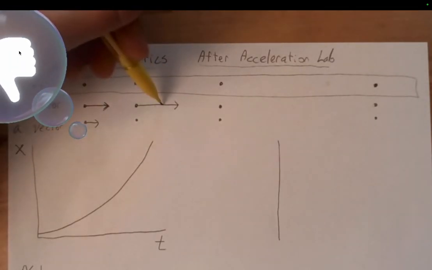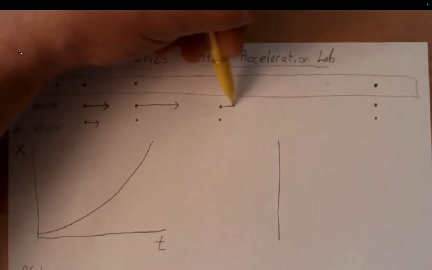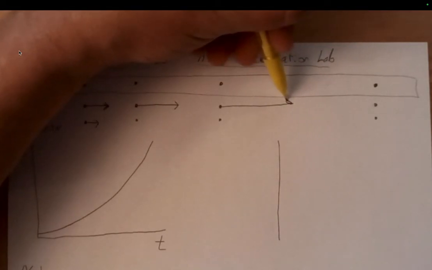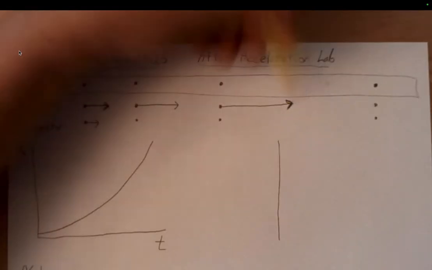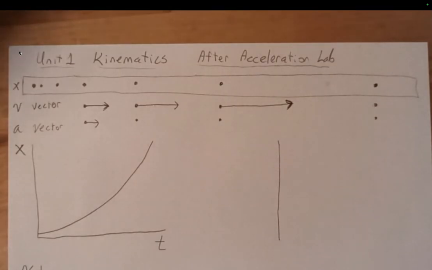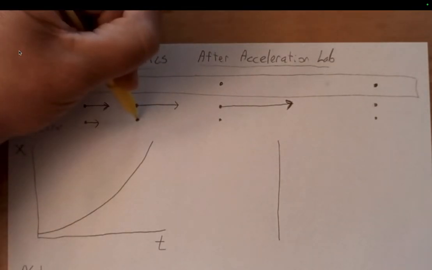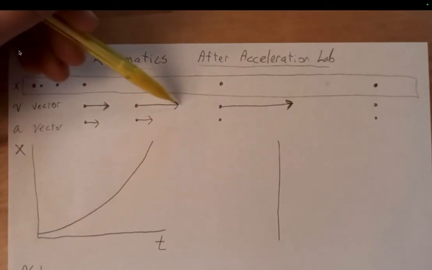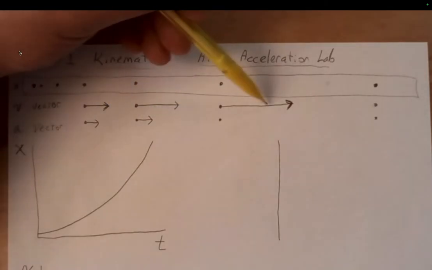And then this velocity vector is also going to increase as I go out to the next point. I have it now getting even bigger, and the only way that happens is if this velocity vector has an acceleration vector. So if I take this arrow and put it to the end over here, then I would get this vector that I have over here.